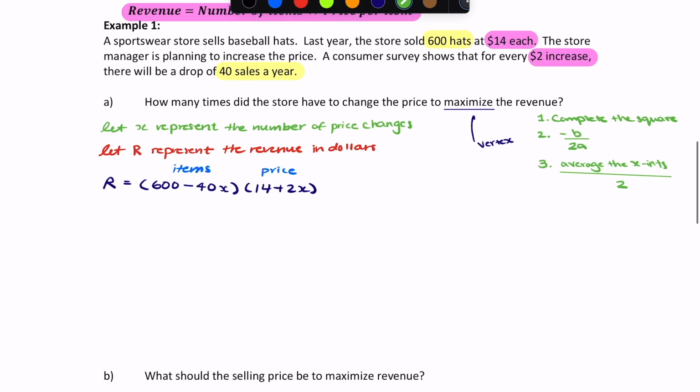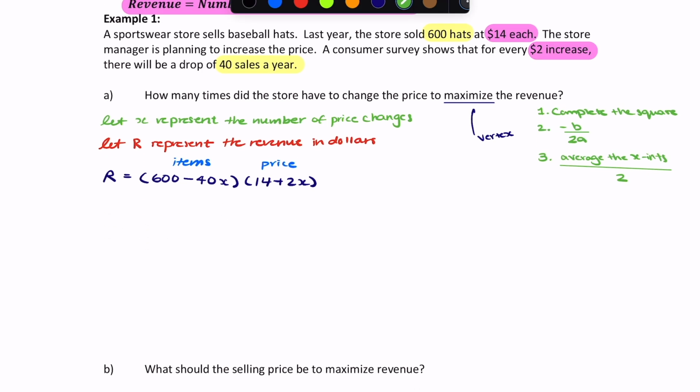So here, to start, we're going to look at averaging the x-intercepts and then dividing by 2 to see how this works. So we'll make 600 minus 40x equal to 0.